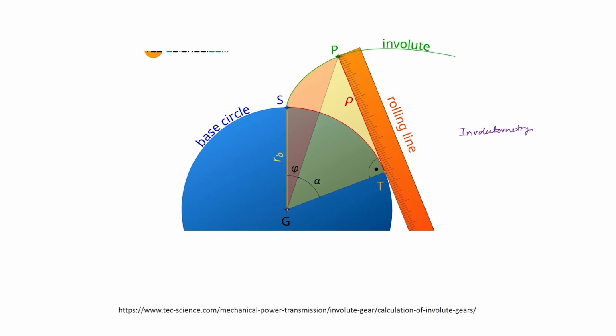Let this be the center of rotation of a gear, and this circle is the base circle, and from the base circle the involute tooth profile is generated by rolling this line or this scale along the base circle without slipping. So, originally this point P was at S. Now, when the ruler was rolled, the traced curve is SP, and this is your involute.